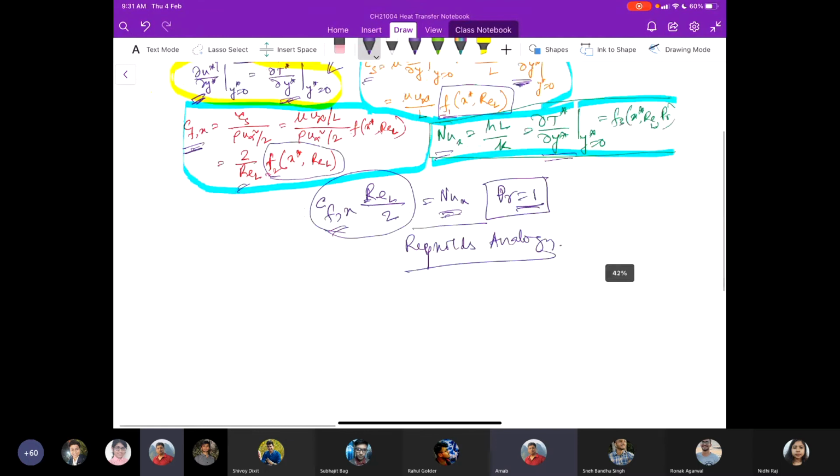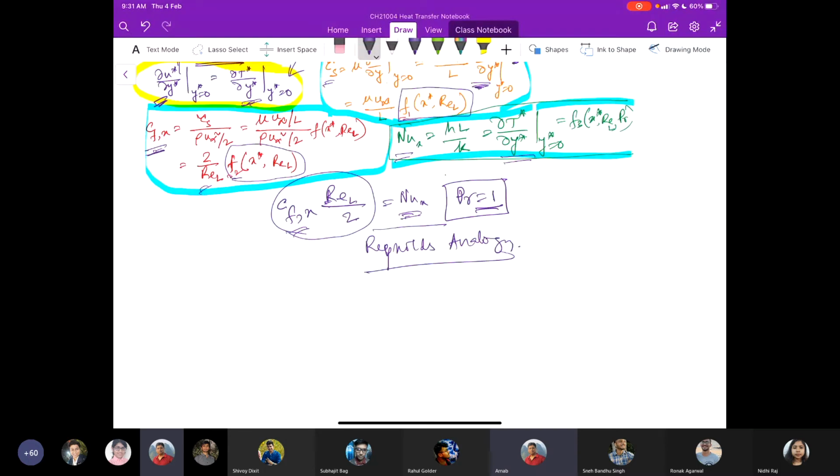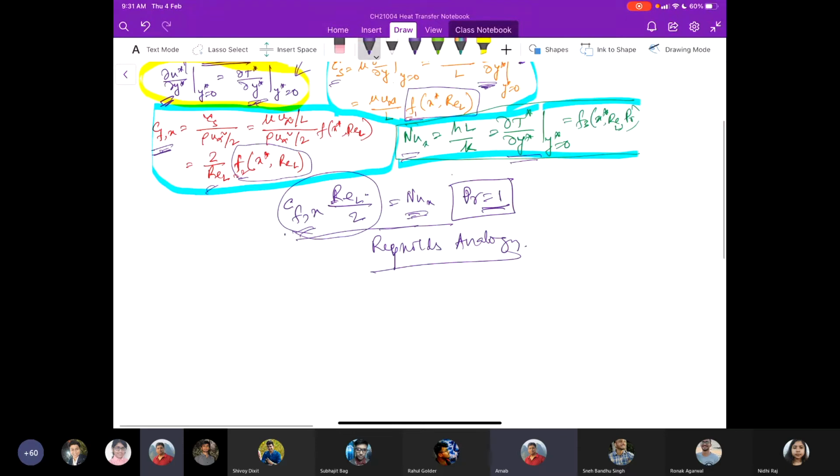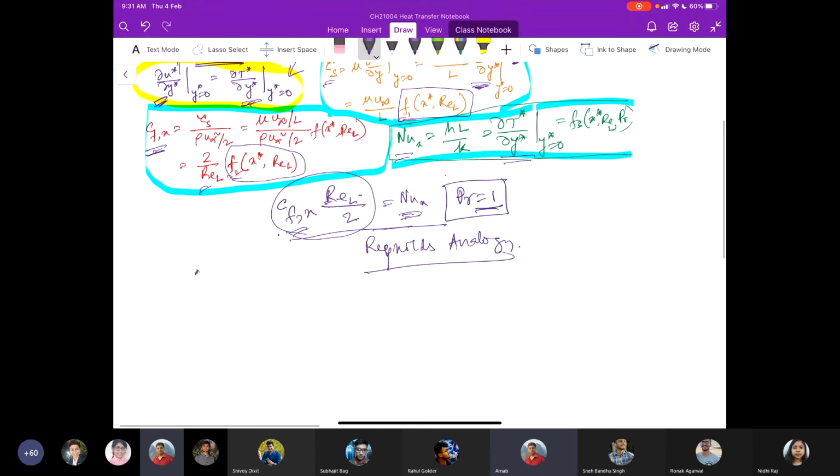Now we introduce another non-dimensional number. We have CFX, non-dimensional parameter, Reynolds number, Nusselt number. Can we further compact it? Someone has done this already, and what they mentioned is CFX by 2 equals the Stanton number for Prandtl number 1.